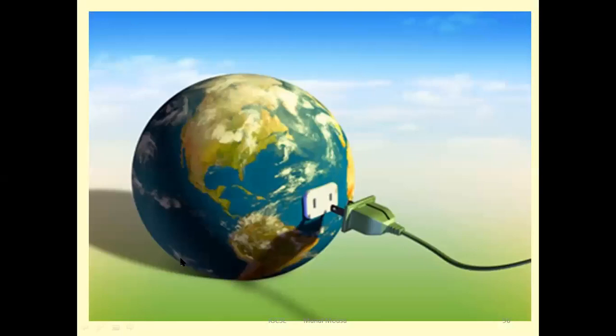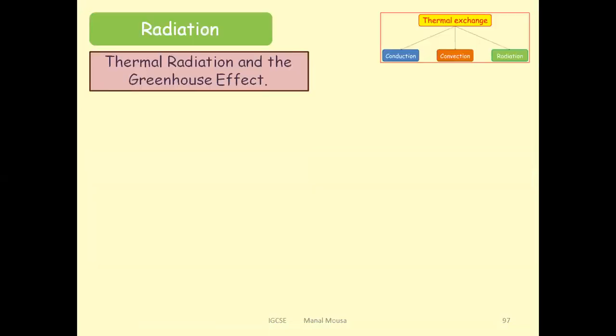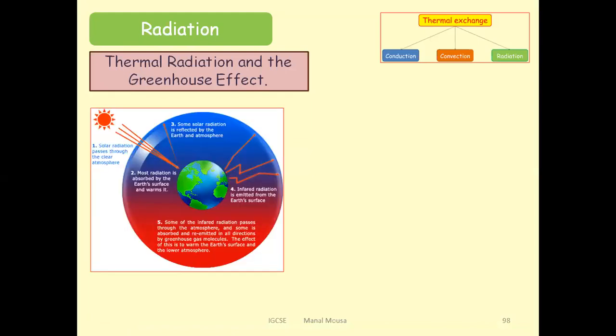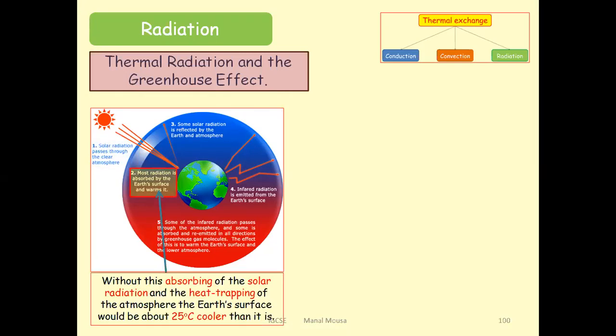Now, the applications of radiation on our Earth. Thermal radiation and the greenhouse effect. So as you see, here is our Earth and the atmospheric layers around our Earth, and here is the sun. At the beginning, solar radiation passes through the clear atmosphere. Then most of the radiation is absorbed by the Earth's surface and warms it up.